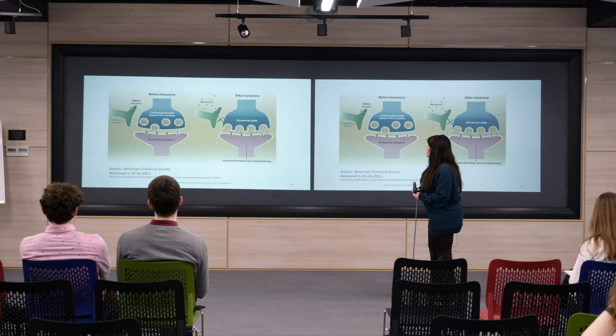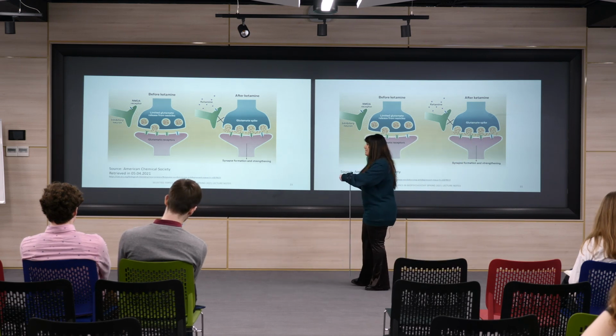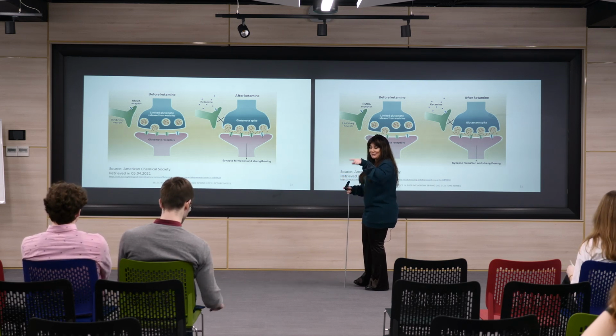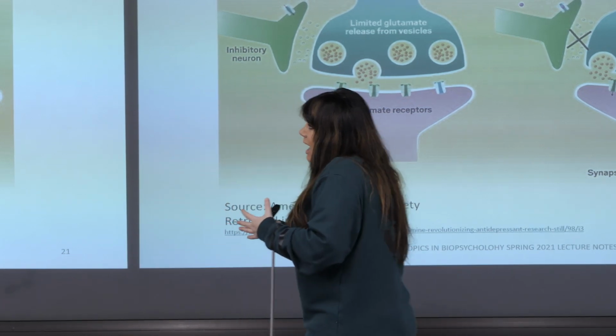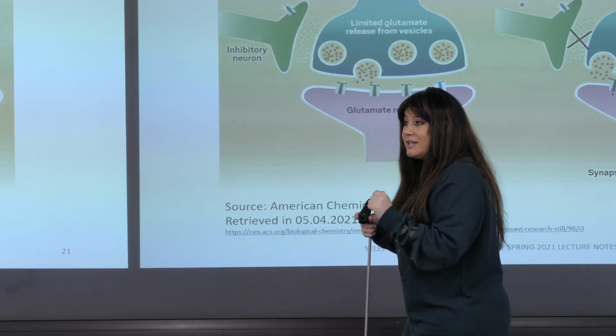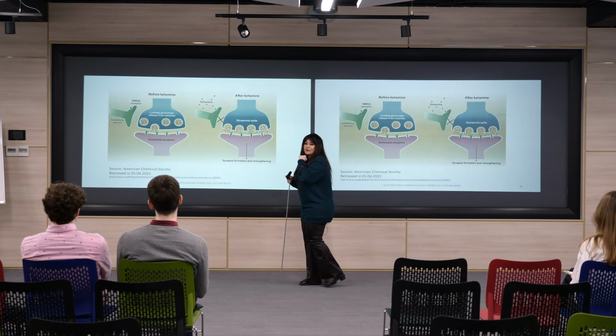And the other is how the theories of depression are evolving from monoamine neurotransmitters to probably the glutamatergic system. Now we have a completely different picture, and future drugs for depression may act on the glutamatergic system instead of the serotonergic system.